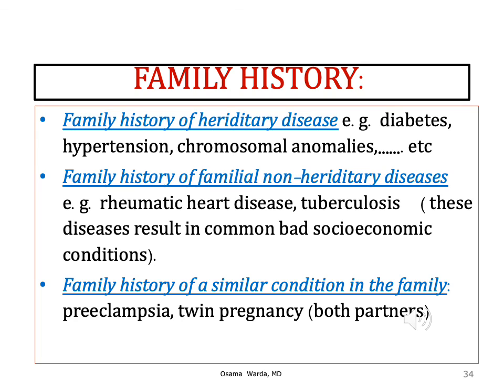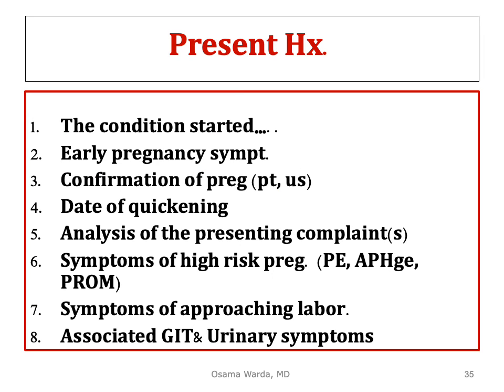Twinning should be asked for the pregnant woman and her husband, because if the husband had a twin sister or twin brother, his wife may have twins. We come finally to the present history.